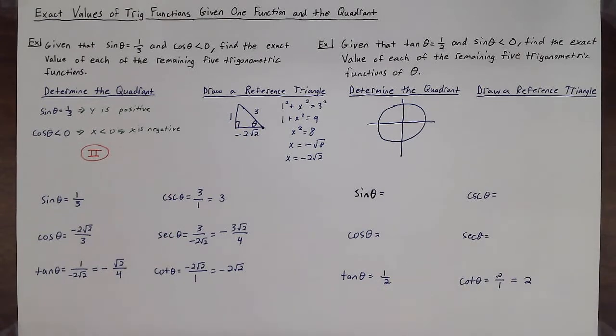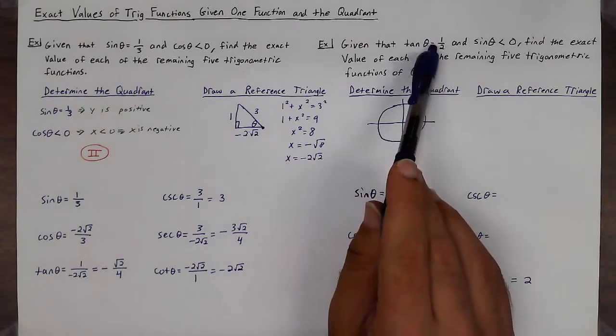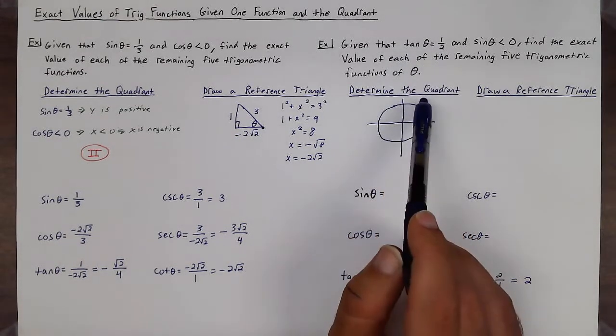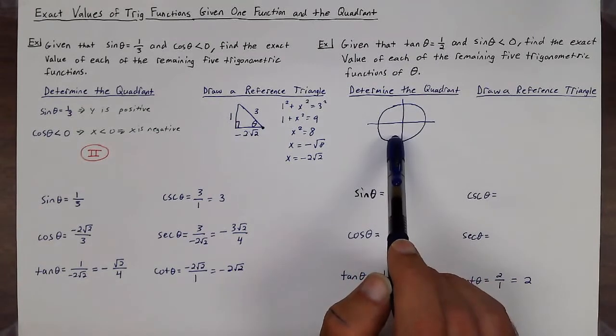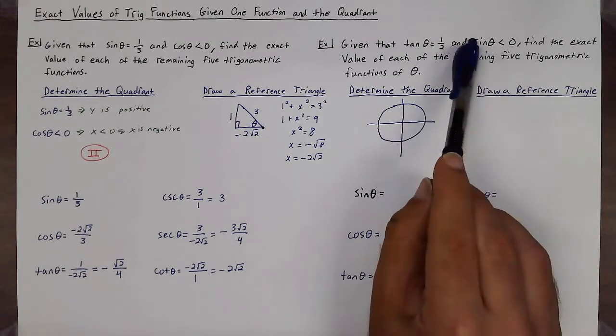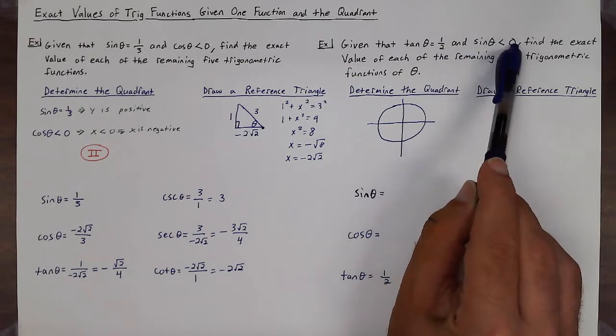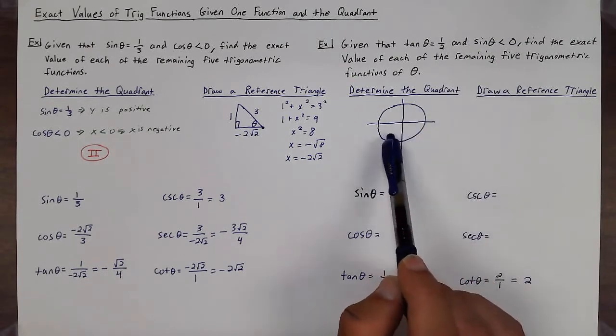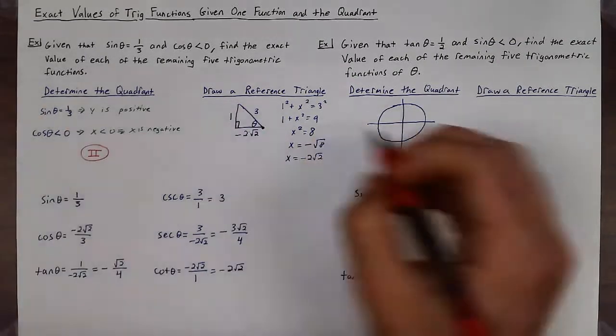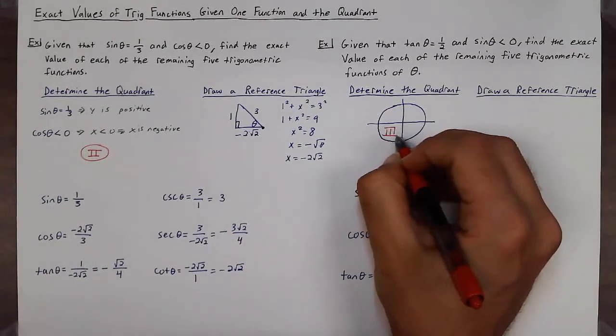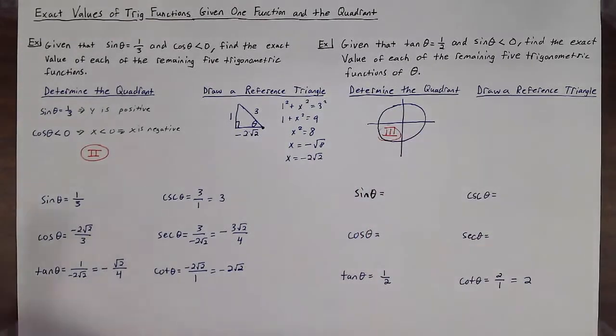So I don't necessarily need to draw this reference triangle, but it does make the process very simple. But to determine the quadrant, if tangent is positive, I know that can happen in the first or the third quadrant. And if sine of theta is less than 0, that means y is less than 0. So it wouldn't be the first quadrant, it would be the third quadrant, which is really nice, very easy to figure out.